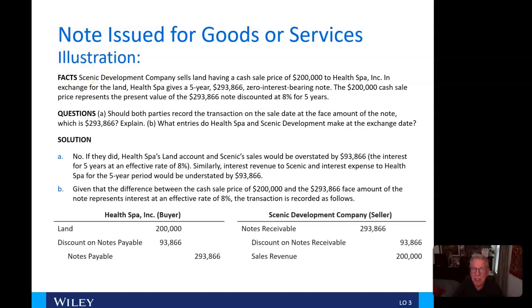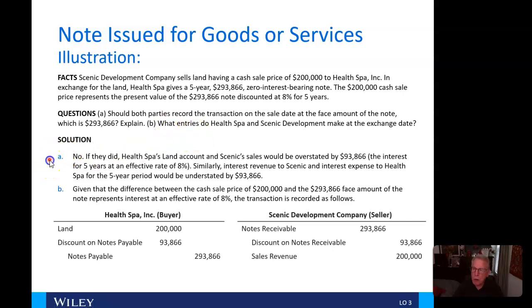The $200,000 cash sale price represents the present value of the $293,866 note, discounted at 8% for 5 years. Should both parties record the transaction on the sale date at the face amount of the note, which is $293,866? We'll explain why not. And then under Bravo here, what entries do Health Spa and Scenic Development make at the exchange date?